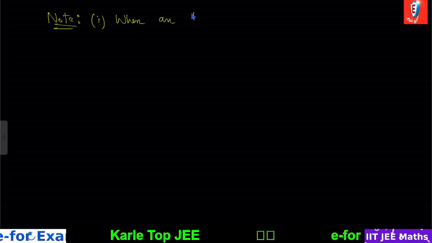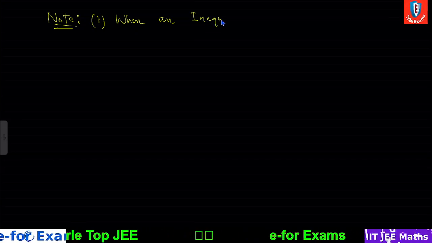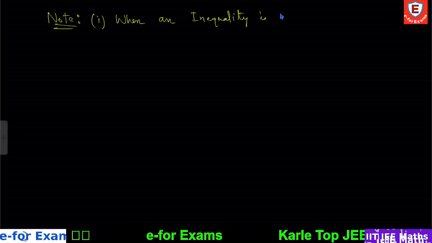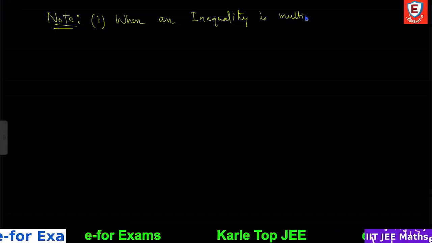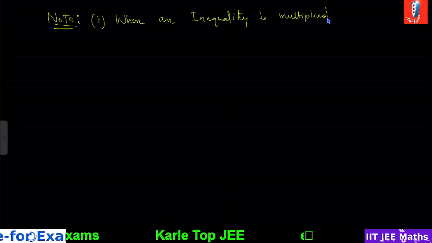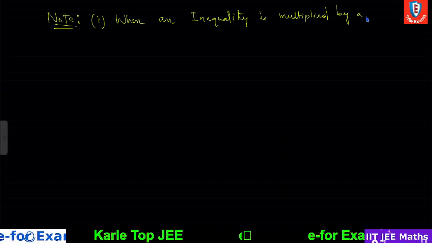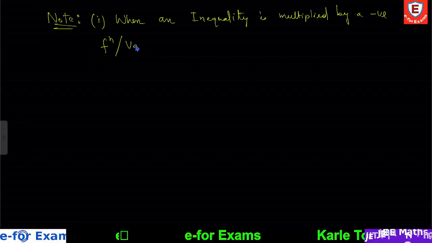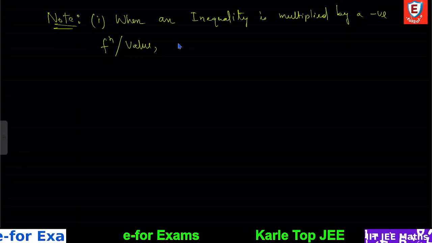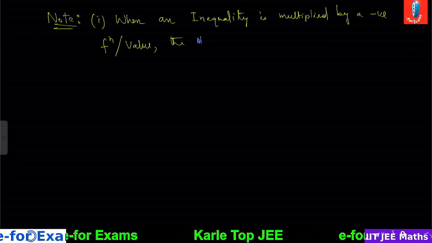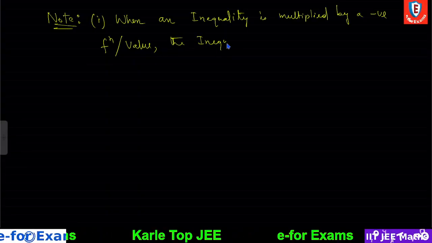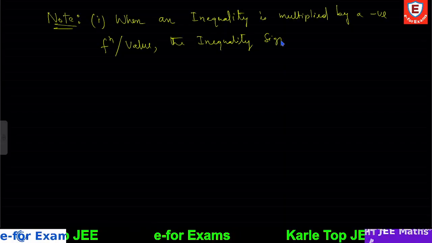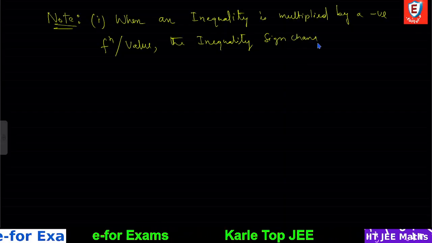When an inequality is multiplied by a negative function or value, the inequality sign changes.